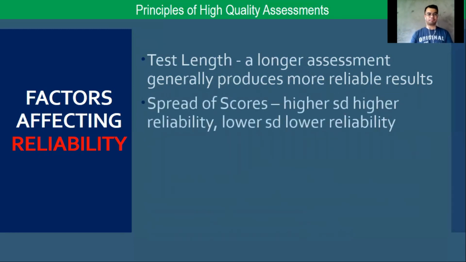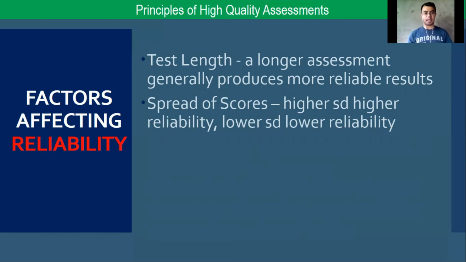Number two, we have spread of scores. We use standard deviation for this one. So if you have a higher standard deviation, more likely you will have a higher reliability. And if you have a lower standard deviation, you will also have a lower reliability. But this is not true all the time.